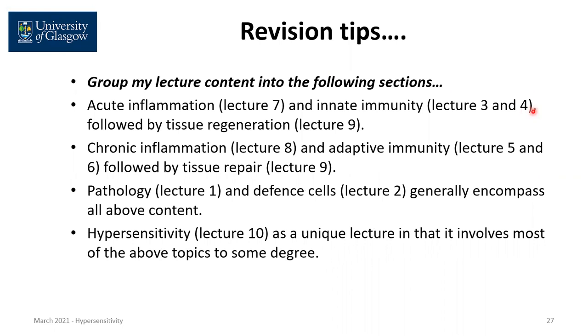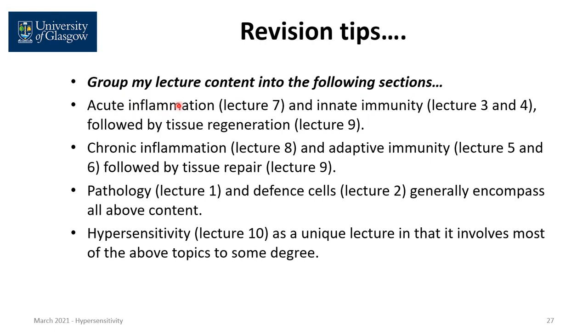If you think about the first line of defense against a given infection, for example, then of course you need the involvement of the innate immune system, which basically kicks in as the first line of defense. So when we're talking about the innate immune system, acute inflammation is probably the best place to start.